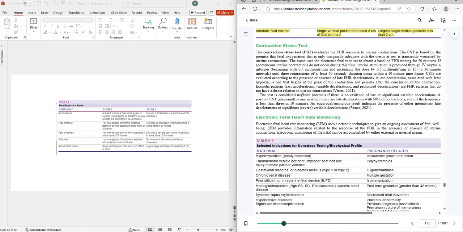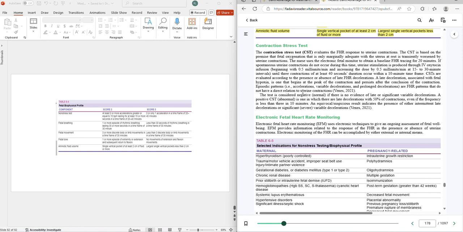If we have a fetus that's in distress and we are worried about whether the fetal heart rate is going to stay accelerated during labor, then we will do a CST, a contraction stress test. So write this down. I have a little chart.